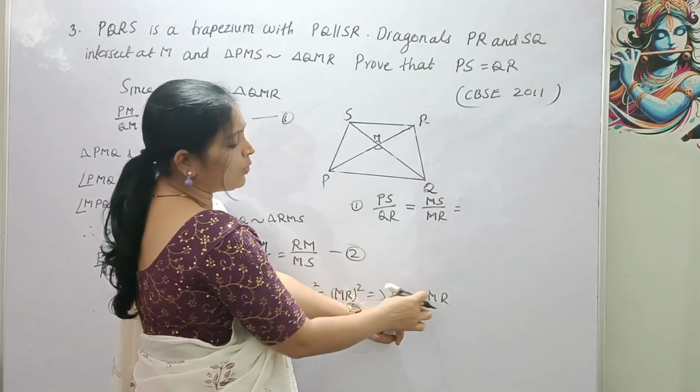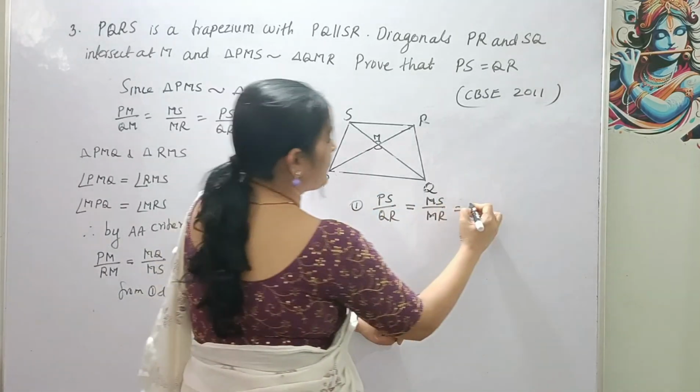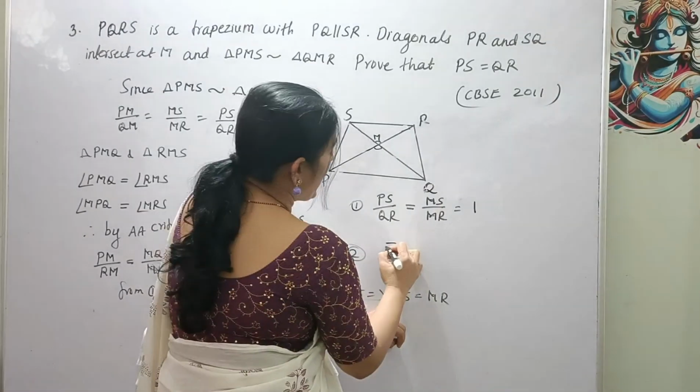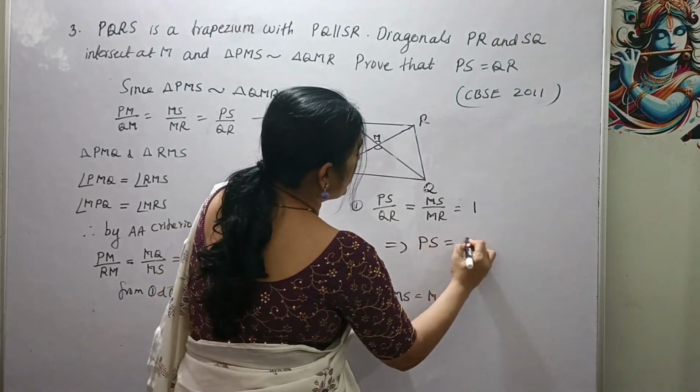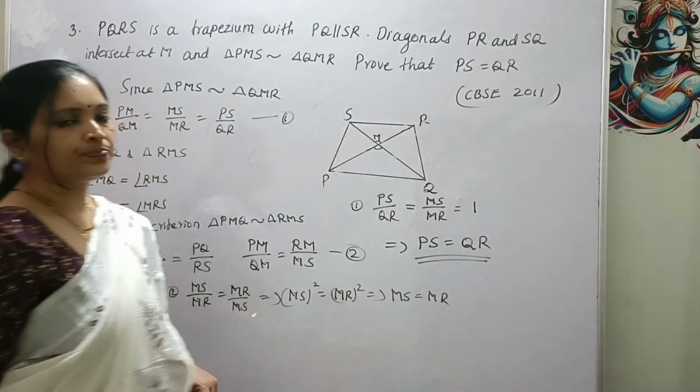Right? MS is equal to MR. Therefore, MS by MR is equal to 1. That implies PS is equal to QR. Hence, it is proved.